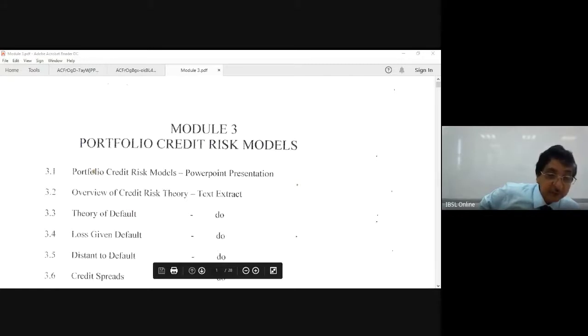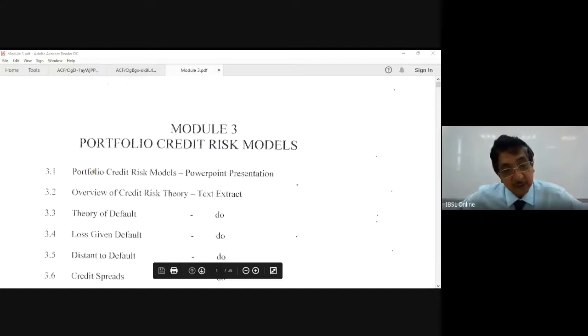Now in the case of individual loans, we went through the methods of getting the individual probability of default, individual loss given default, and the individual exposures. But later we wanted to discuss portfolios, because in an institution, portfolios are really important, as a portfolio might behave in a different manner than individual loans.